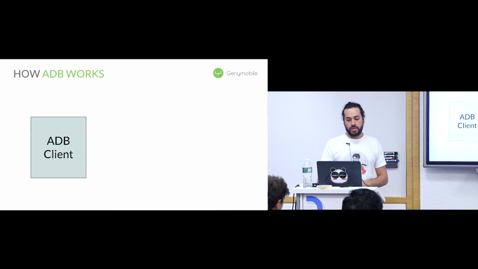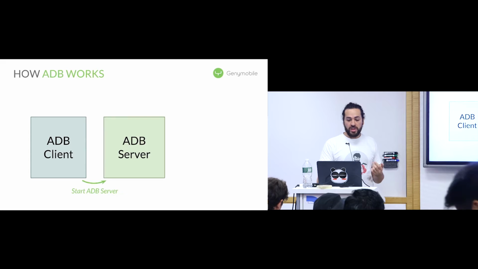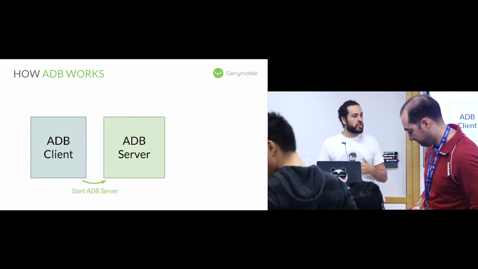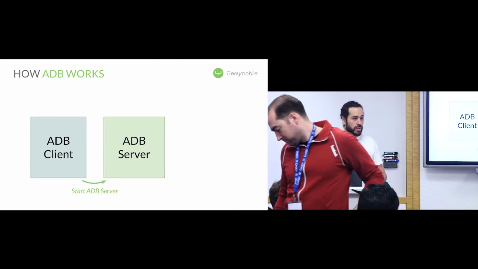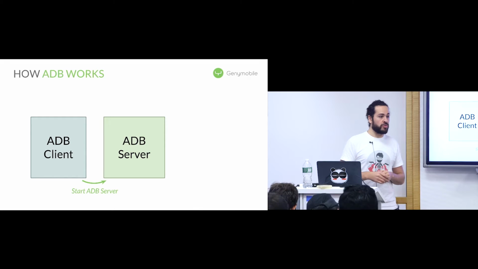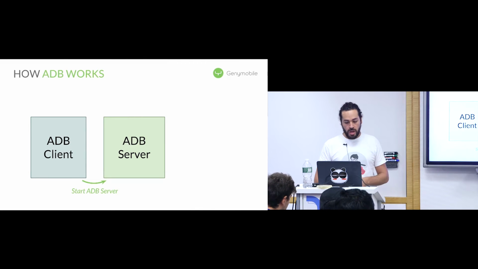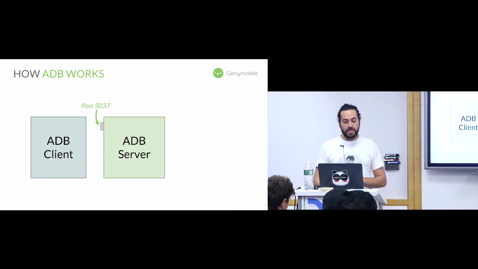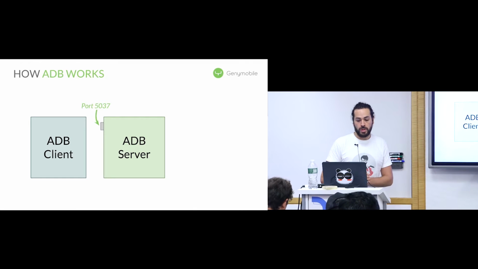And the first thing it will do is ask itself a question: is there an ADB server running? If it's not running, it will start it itself. I won't go into too much detail, but there are interesting things that the ADB client is doing to start it and to verify that the ADB server is starting correctly. But you have that in the speaker notes. And when the ADB server is launched, it will bind to a port.